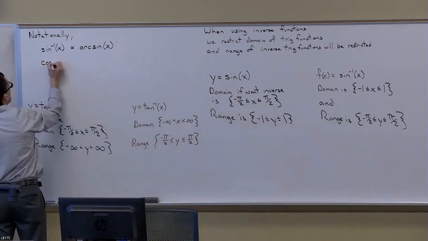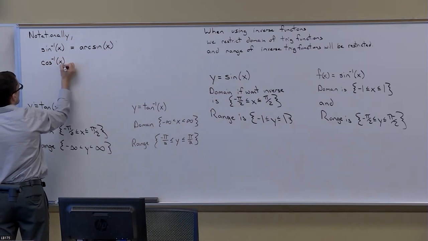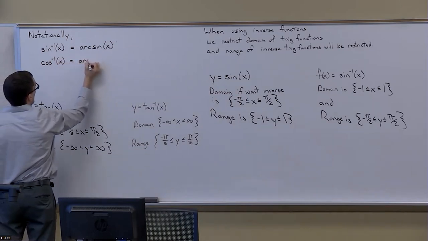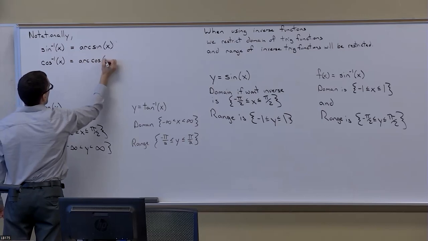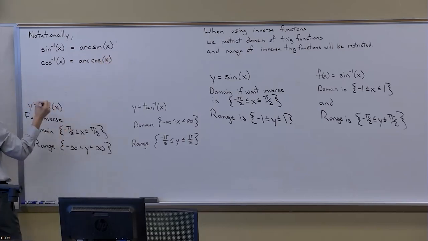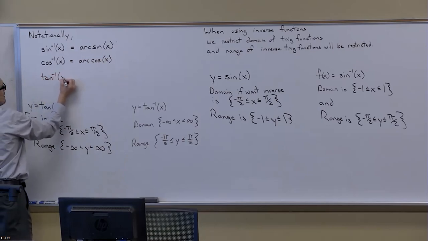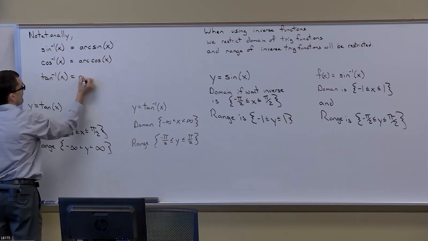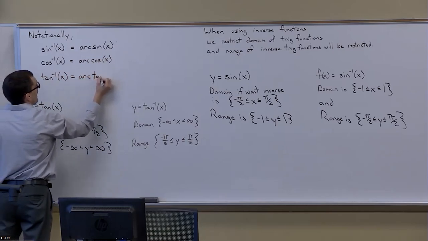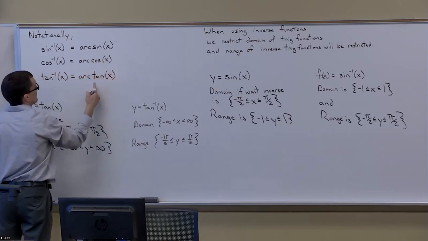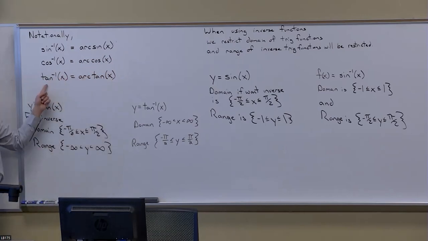Or cosine inverse is equal to arc cosine of whatever the argument is. And the tangent as well is arc tan. And some people like to use this notation rather than this so that they don't think it's tangent raised to the negative 1 power, because that's not the same thing. Inverse tangent is not the same thing as tangent raised to the negative 1 power.